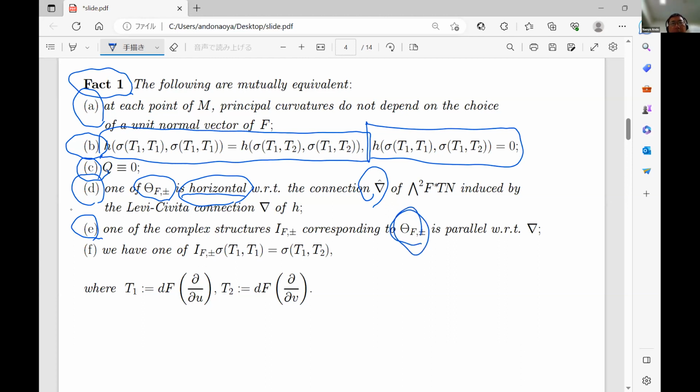Each twistor lift corresponds to a complex structure of the pullback bundle. Condition F: we have one of these relations. These relations are concerned with the second fundamental form sigma and the complex structures.